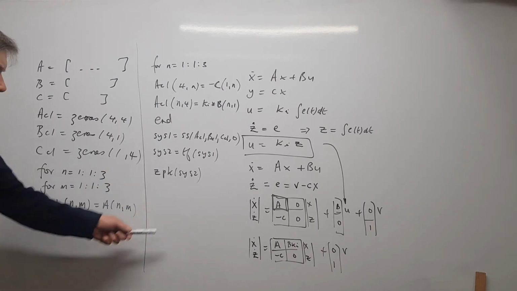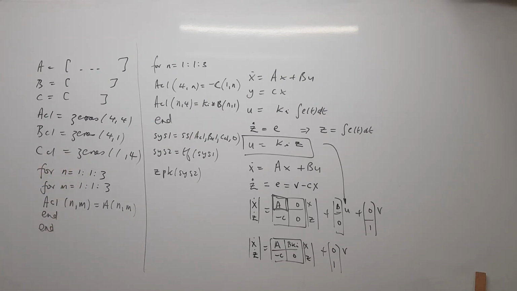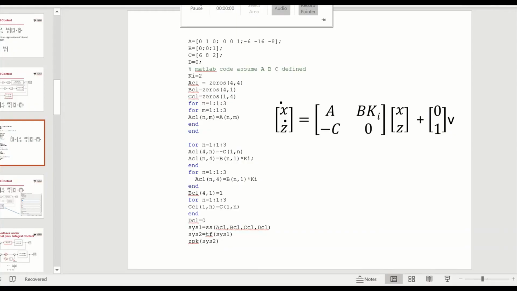So there's the MATLAB code now with some description for you as to how to do it. Right, so here's my integral controller with the 4x4 matrix, with the generic state space equations. This is the code I've just described.